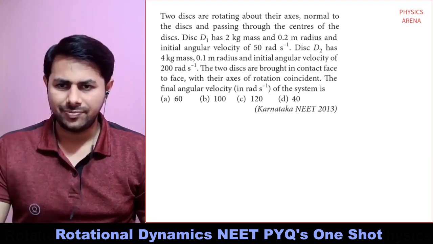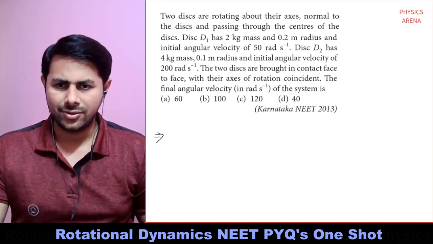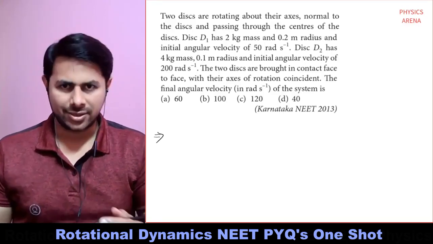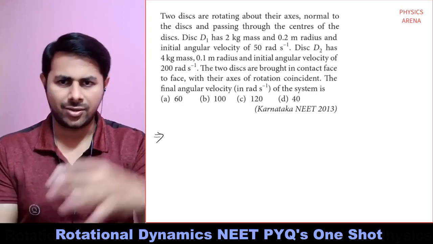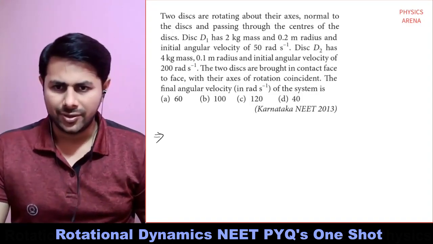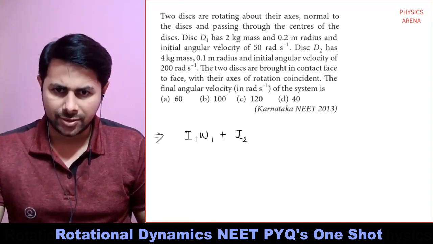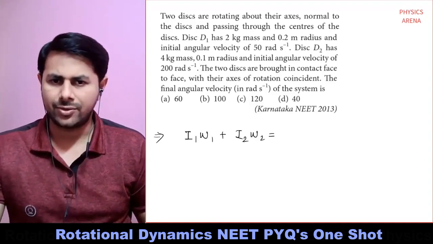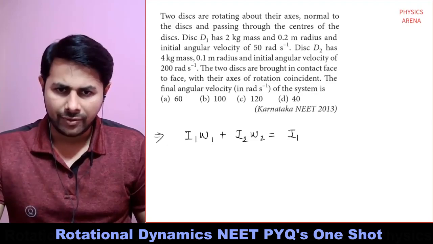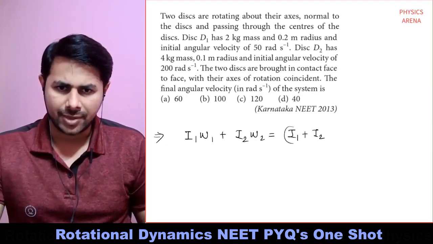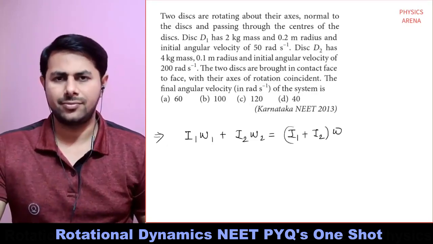This is simple. Angular momentum is conserved when you keep two disks one on the other. I1 omega 1 plus I2 omega 2 will be equal to I1 plus I2 multiplied by omega.